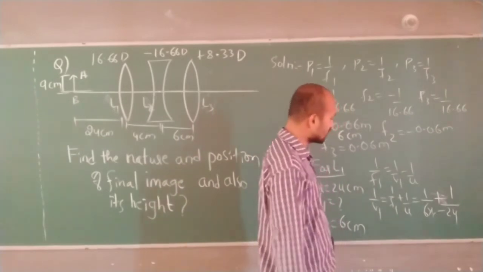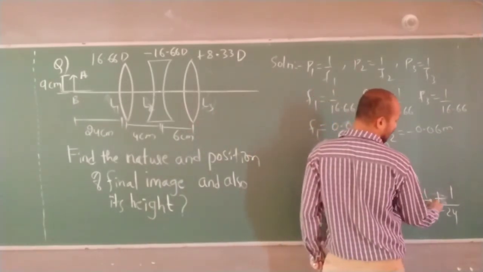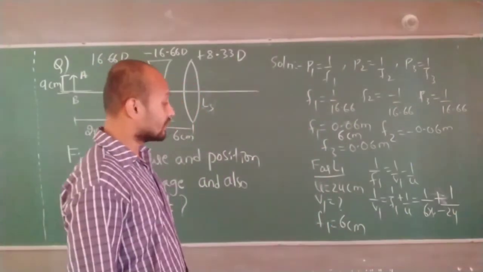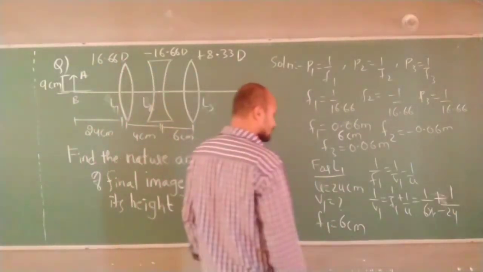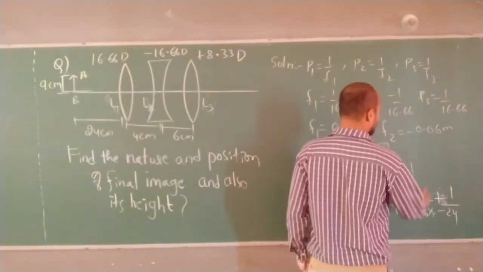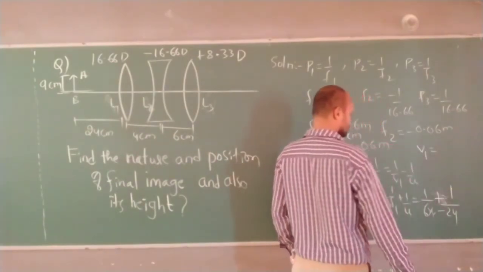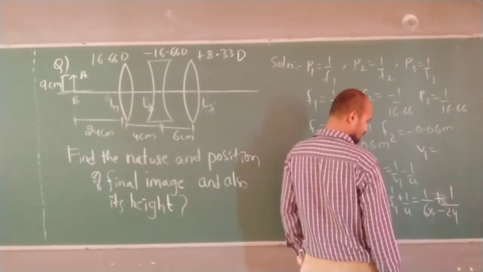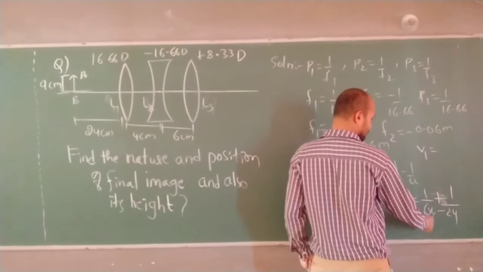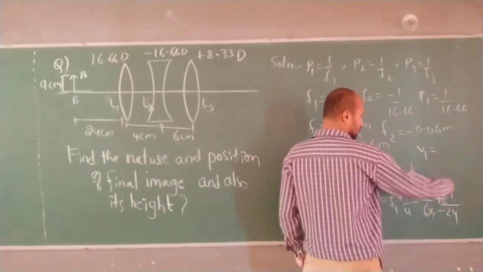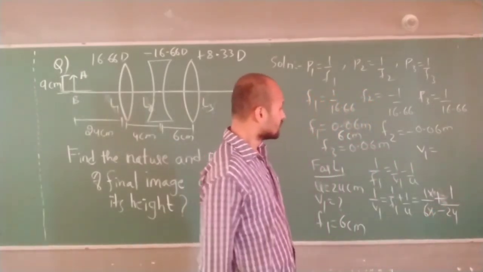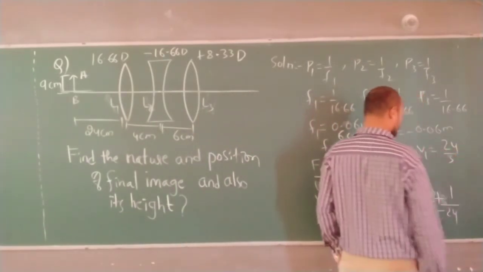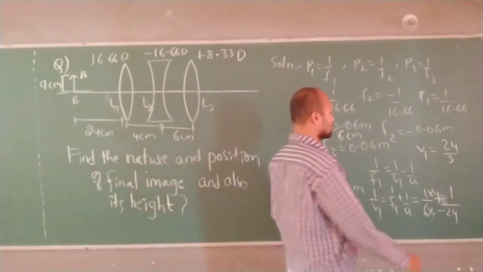So 4 minus 1 is 3, and V1 will become 24 divided by 3. 24 divided by 3 is how much?